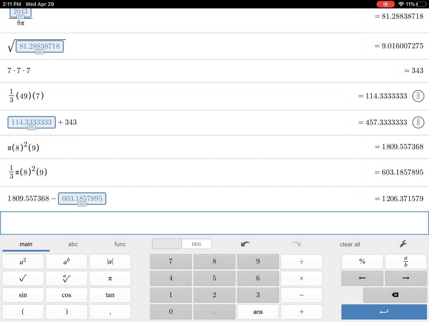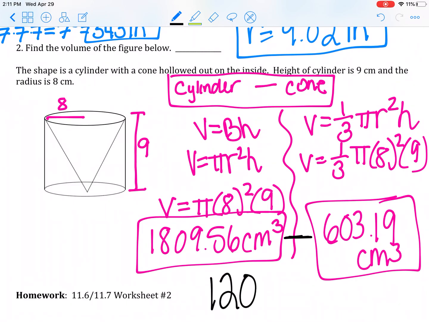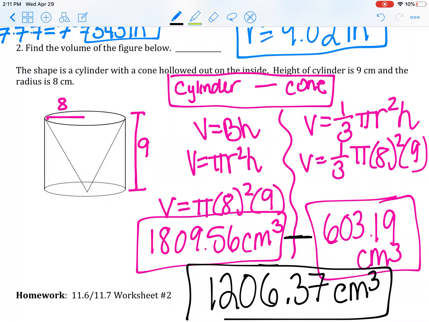And we get 1,206.37. And we are in centimeters cubed. Okay, so what that just found us is all of this that we did not hollow out. And since that cone's hollowed out, that's an empty space.